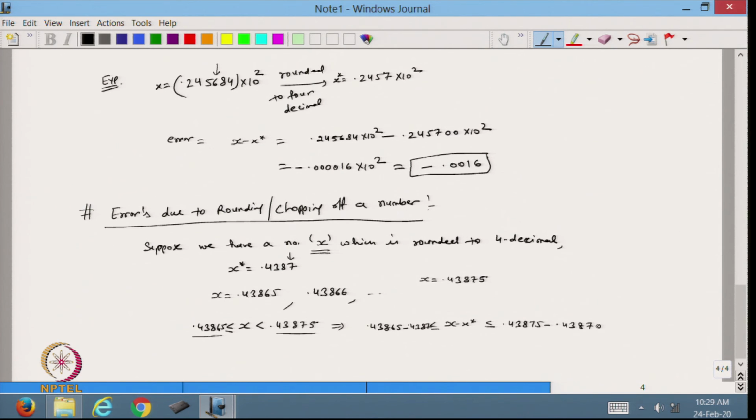So, from here I can say that x minus x star is less than 0.00005, and this is not an equal sign, it is less than, and on the other side it is greater than or equal to minus 0.00005.